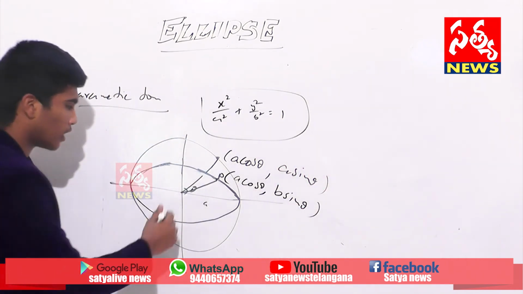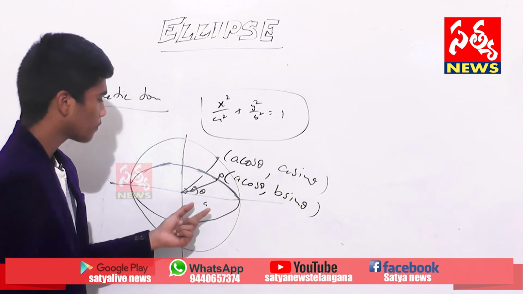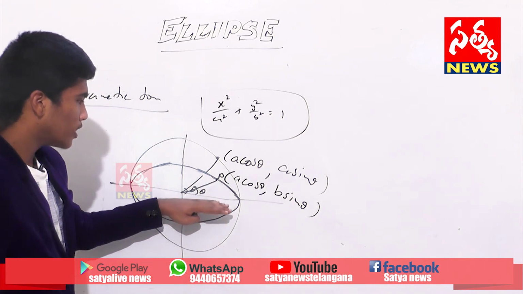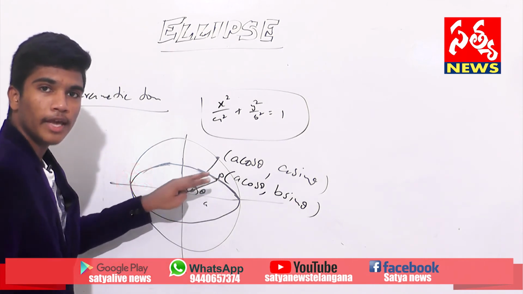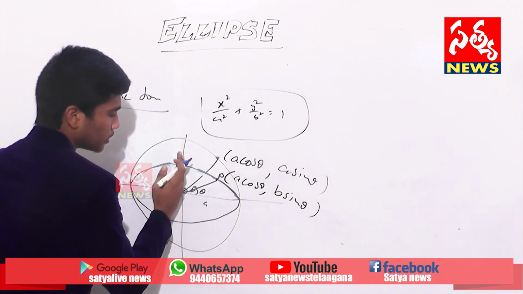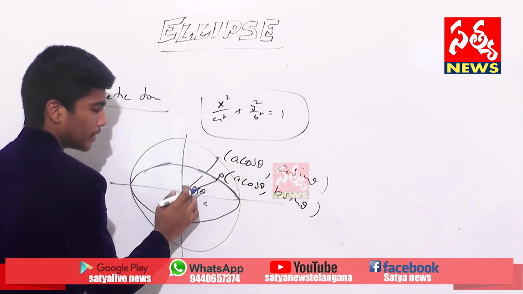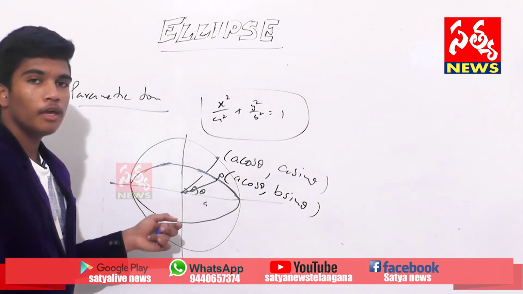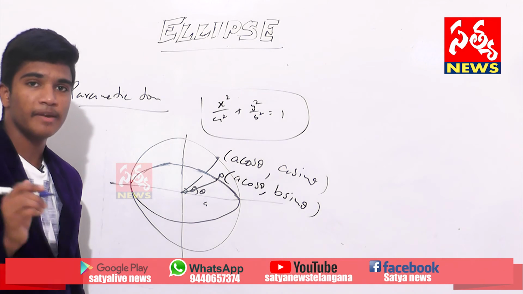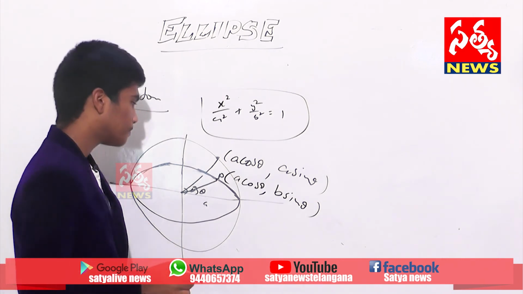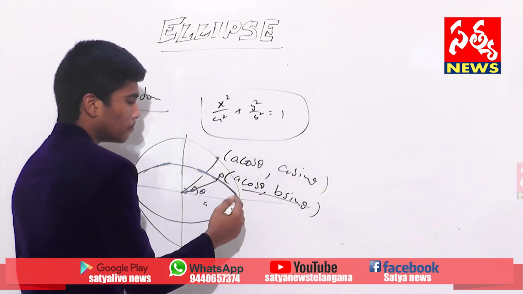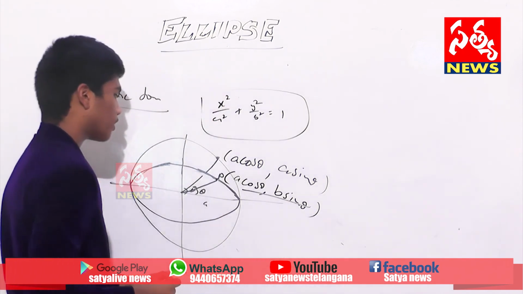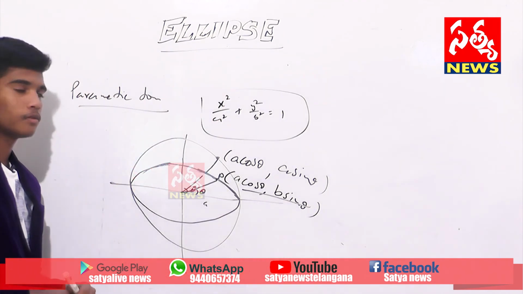See here, if we assume this as theta, resolving this a in this direction, we get a cos theta, and this is b, right? This is 90 minus theta. If we take b in the direction of P, we get b cos of 90 minus theta, which is b sin theta. So hence this is the parametric form of an ellipse.